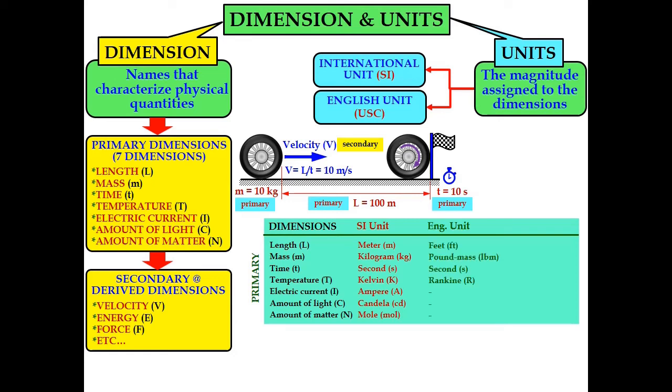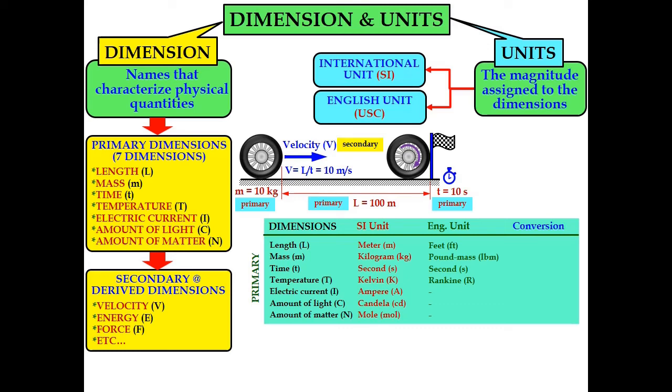However, for English unit, for length we use feet, for mass pound mass, lbm. For time, SI and English use the same unit, second, and for temperature we use Rankine, R, in English unit.